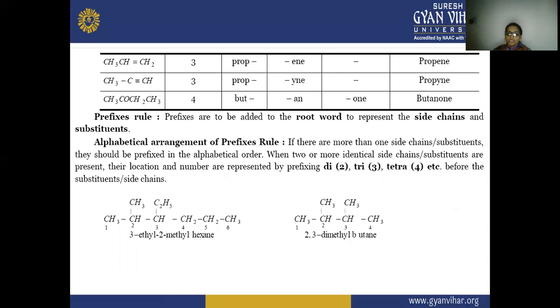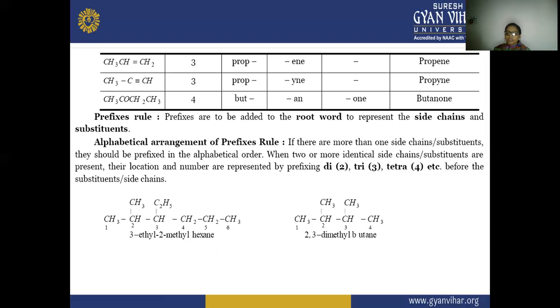Next is CH3CH=CH2. Here you can see 3 carbon atoms are present, so we will use prop. But the primary suffix tells you about saturation or unsaturation.